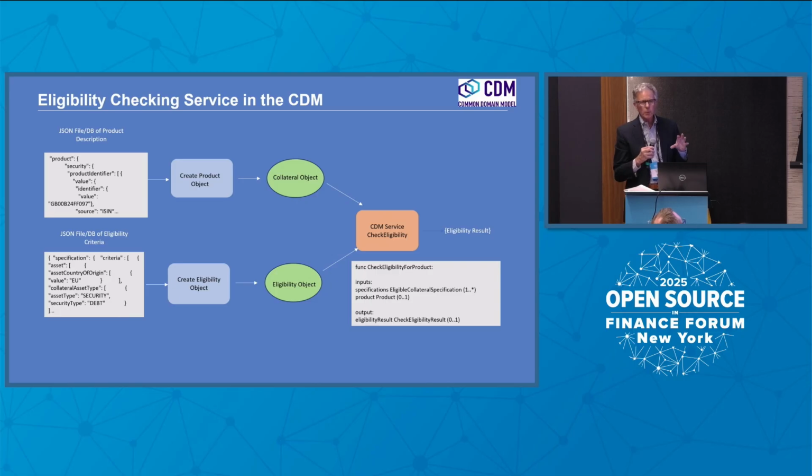The two of those go through the CDM, and there are functions pre-built into the CDM that will automatically do the eligibility checks for you. All of this was written in the domain language of the CDM, which then generated Java code. So no code was written in order to go through this process, which is a beautiful thing, I have to say.